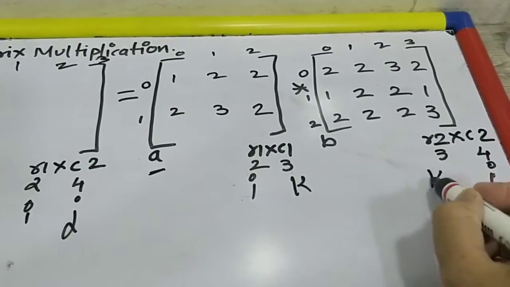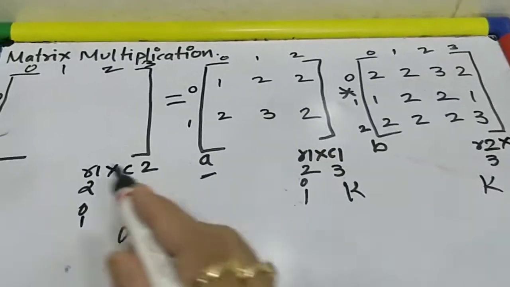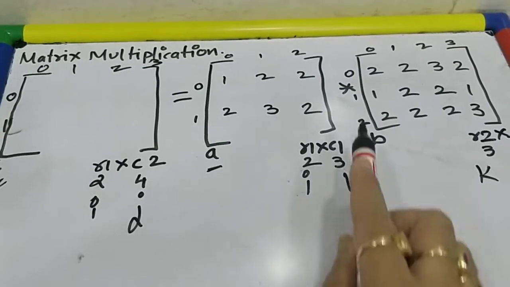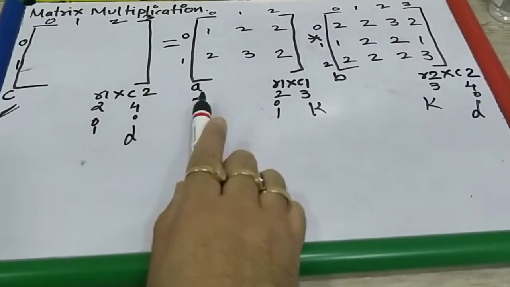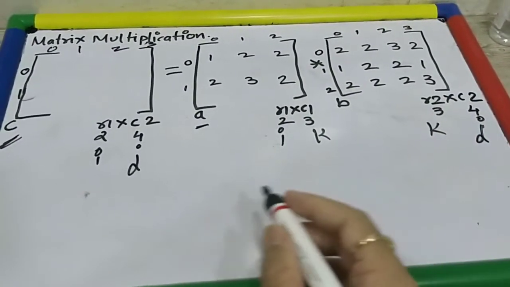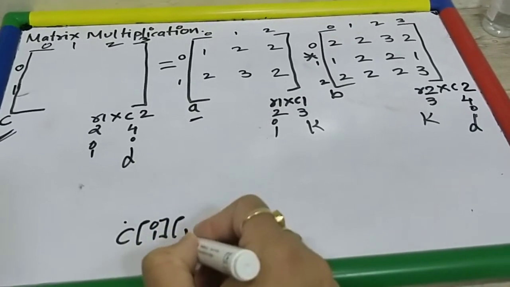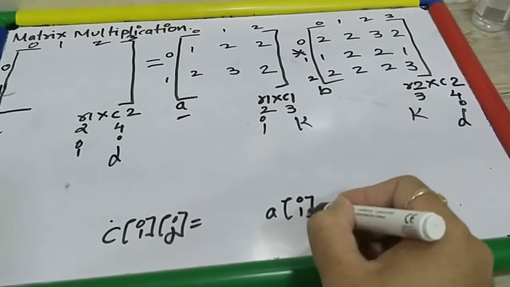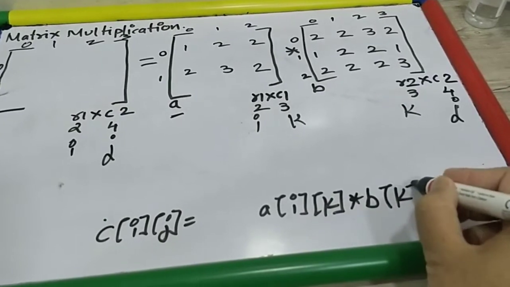Correct. So basically if you see the for loop, what we have is C of Ij equals A of Ik into B of Kj.